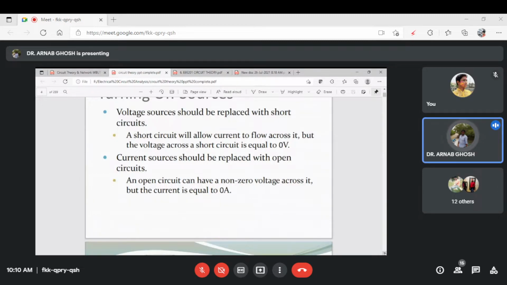That is, there will be no voltage there but current will flow. But when it's a current source, this will be replaced by an open circuit. That is, there will be voltage but there will be no current. So this is how you turn off.